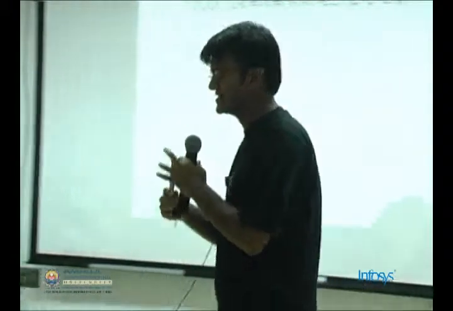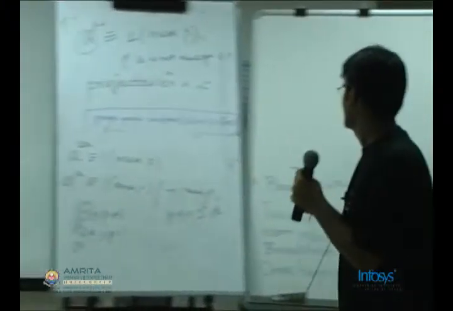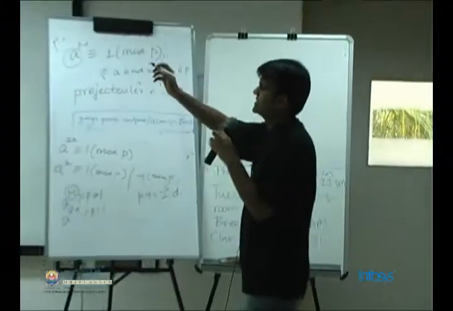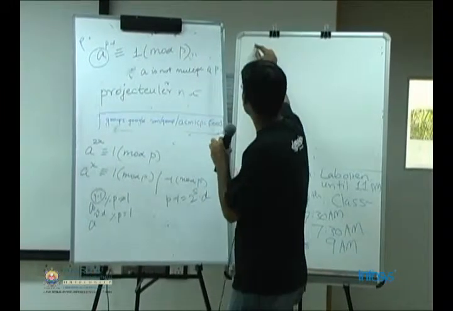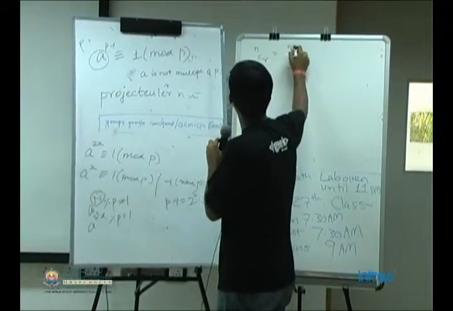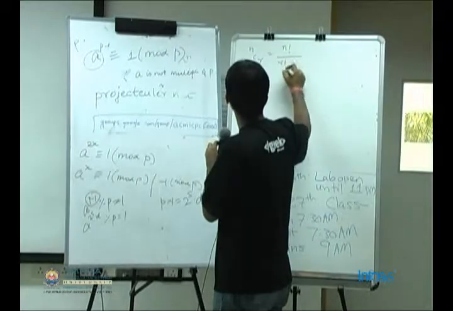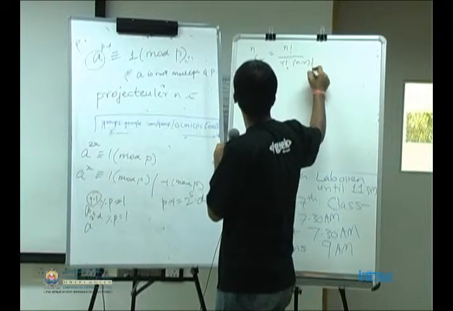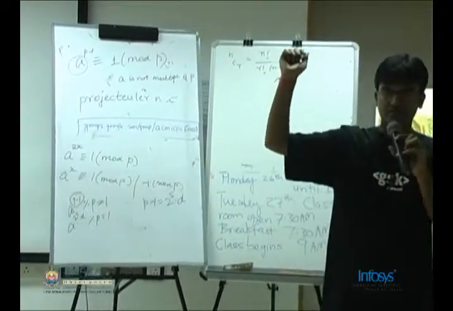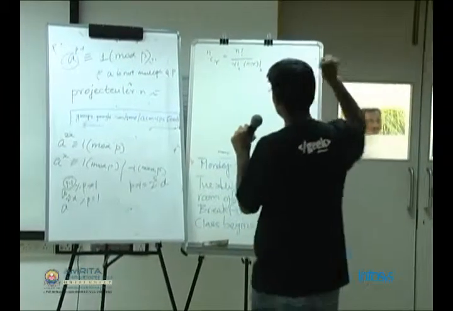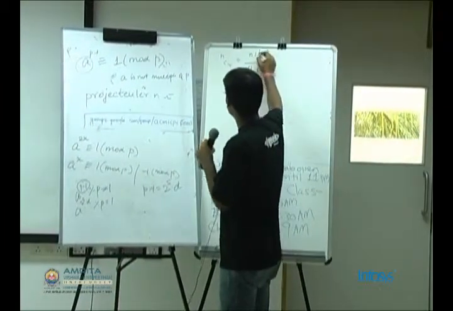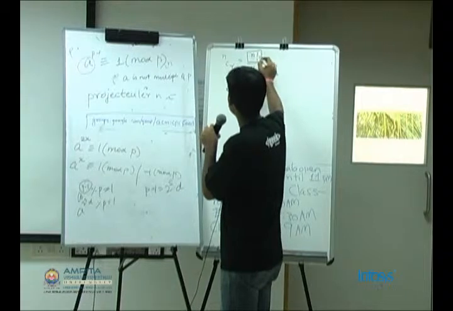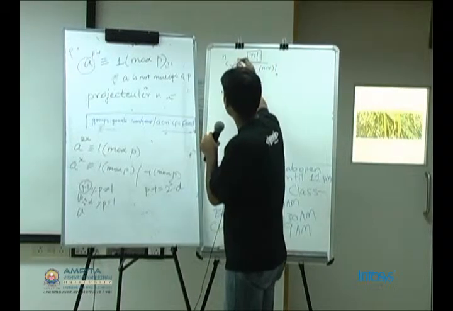So what he says is that NCR is equal to this thing. This is okay, right? Good. So let us just say that we want to find what n factorial is mod p.